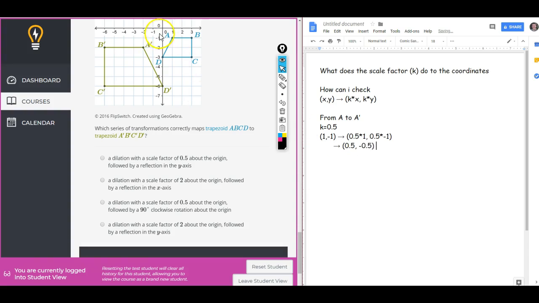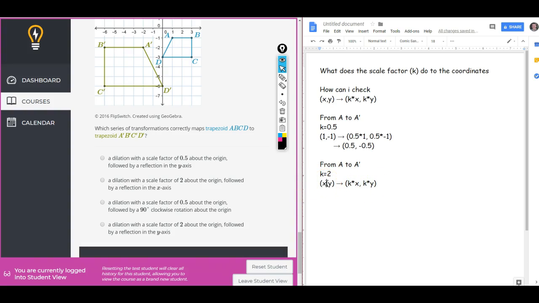So no, our coordinates are not near 0.5. A prime is negative 2, negative 2. So it's not a scale factor of 0.5. So let's check from A to A prime with a scale factor of 2. Again, we're going to take our generic rule for how it changes the coordinates.